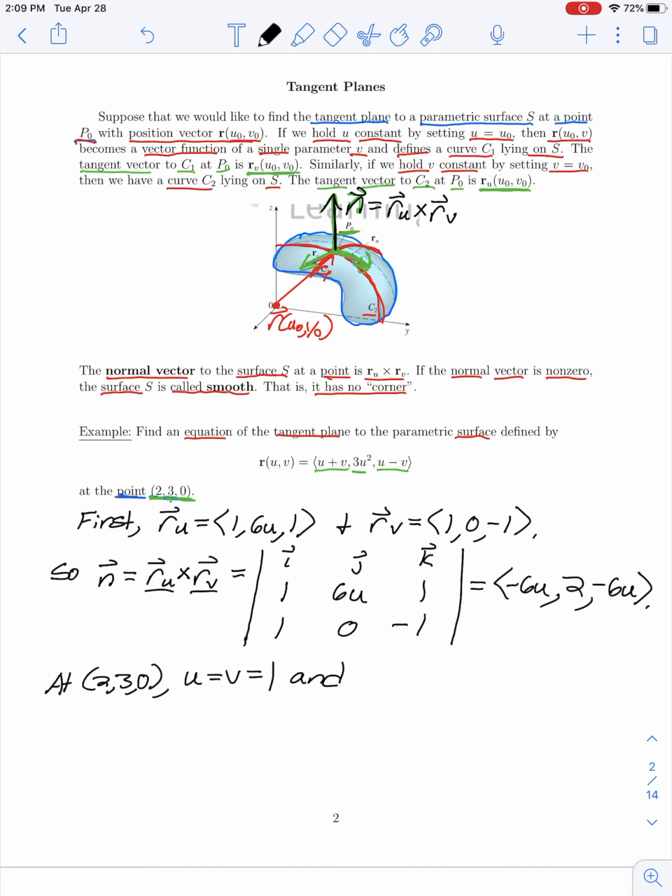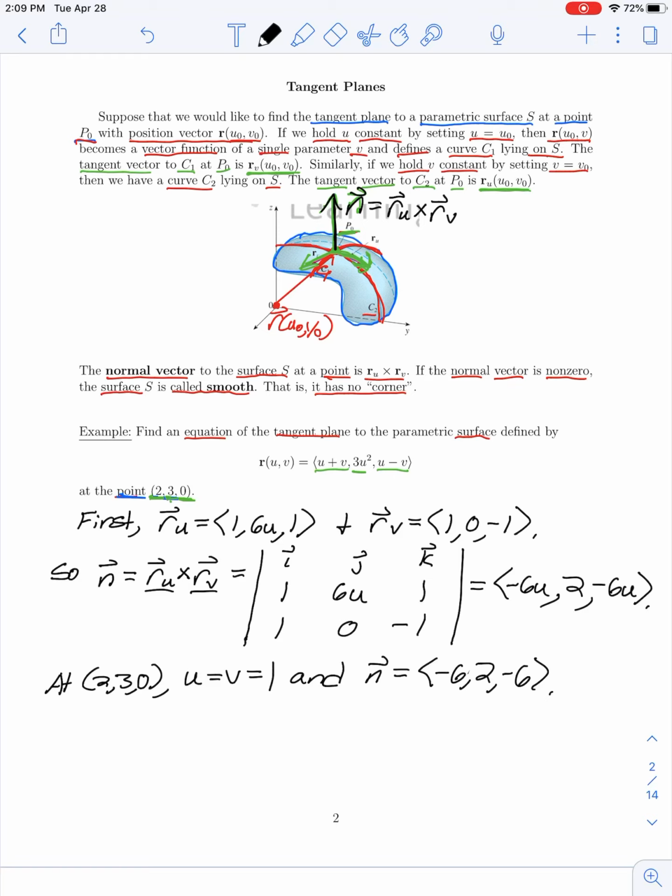Our normal vector, if we plug in u and v equal to 1, would be (-6, 2, -6).